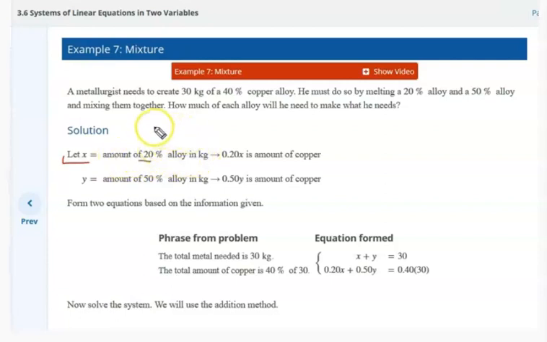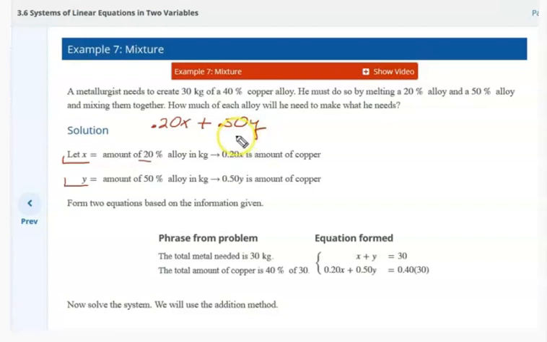So you're going to get from this then 20% of X. Now that's the beauty of algebra. We don't know how much the X is. Now let Y be the amount of 50% alloy. So 0.50 of Y.